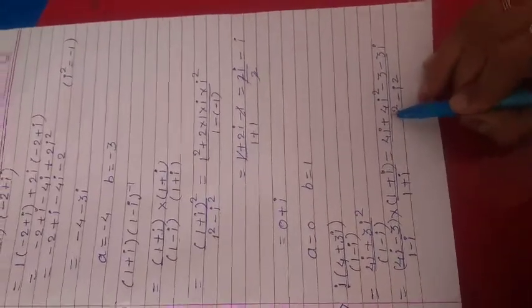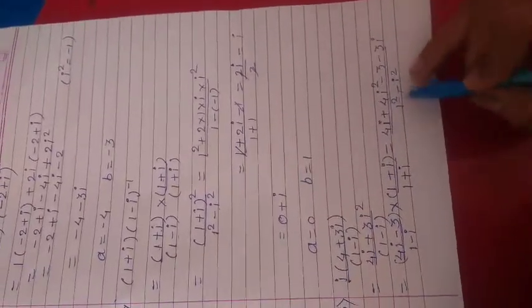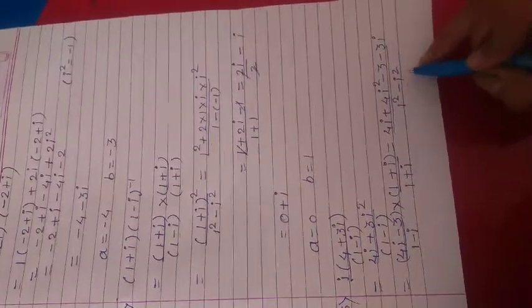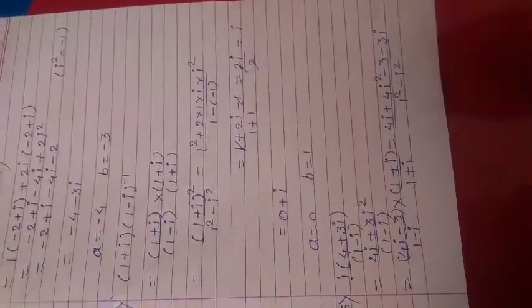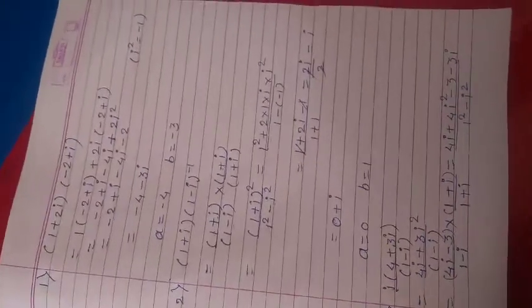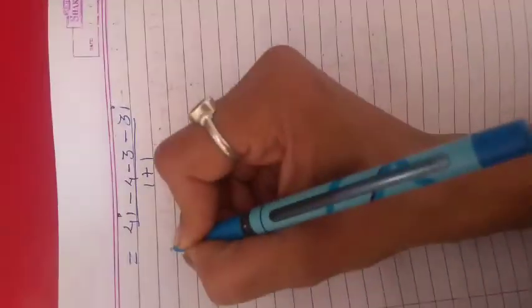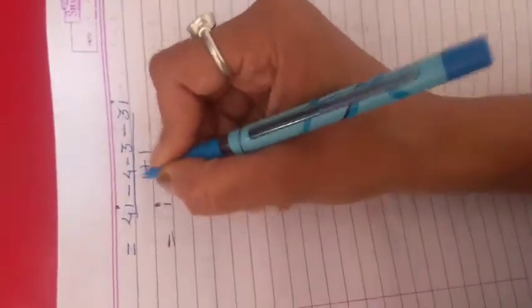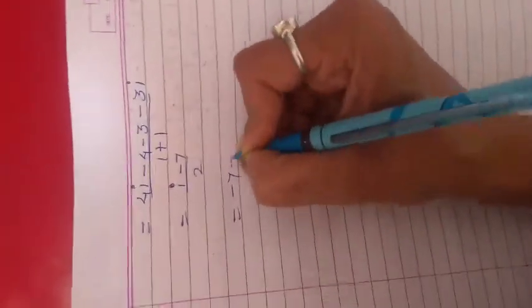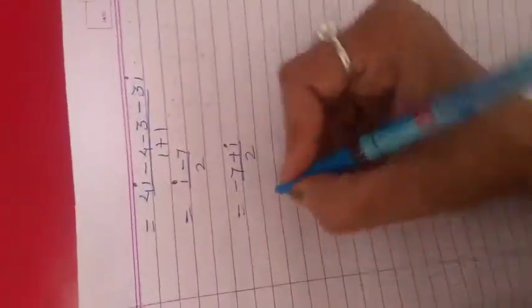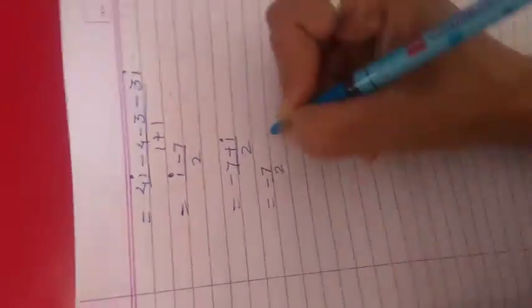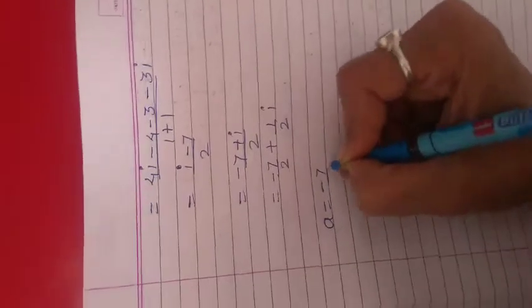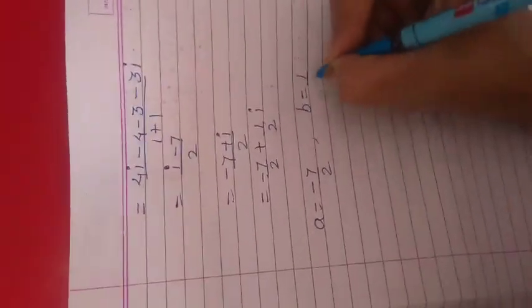So 4i minus 4 minus 3 minus 3i, and here 1 plus 1 because i square is minus 1. So here 4i minus 3i is 1, so i, and this is minus 7 upon 2, meaning minus 7 plus i upon 2. So we can write this as minus 7 by 2 plus 1 by 2 i. So the value of a is minus 7 by 2 and the value of b is 1 by 2.